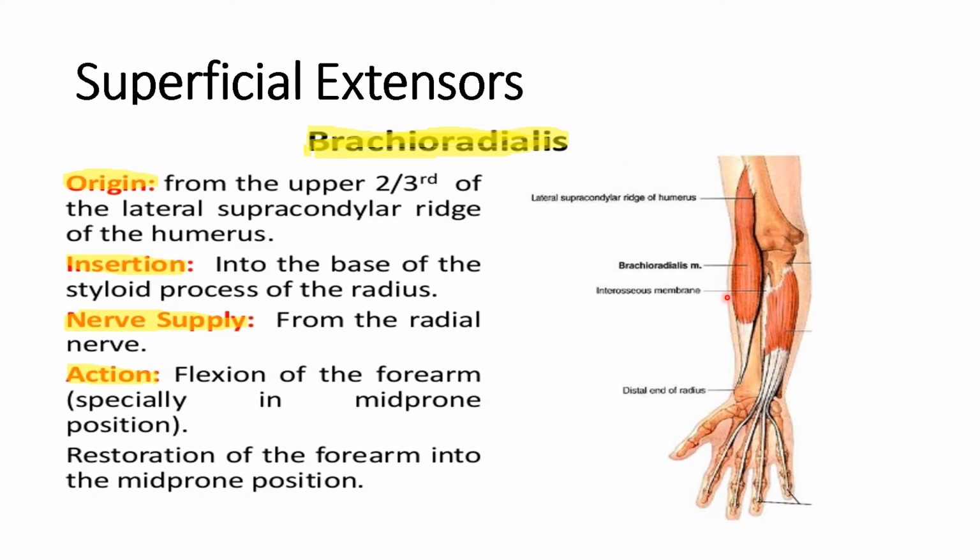So this brachioradialis is exceptional in the posterior compartment, in that it is rotated to the anterior aspect of the humerus and then flexes the forearm at the elbow. It causes no flexion at the wrist joint, it causes flexion only at the elbow in mid-prone position.